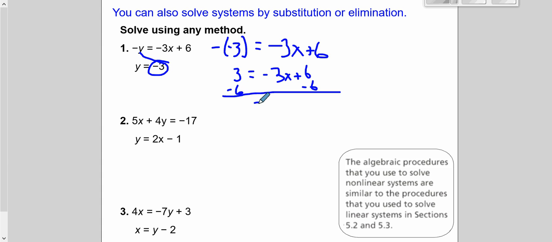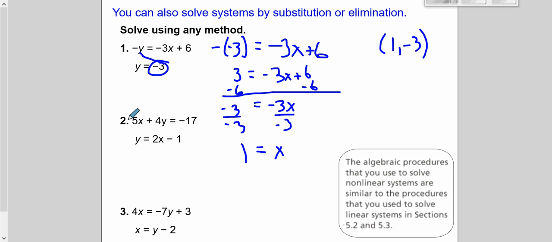Solve for x. All right, x is 1, y is -3. So we have the point 1, -3.